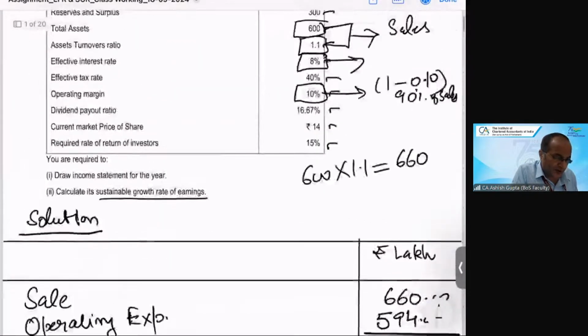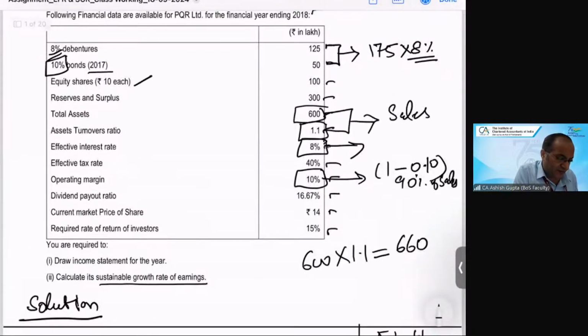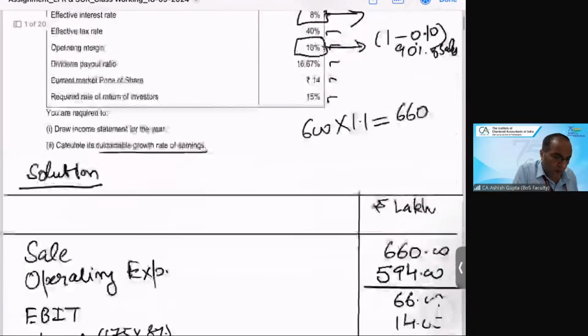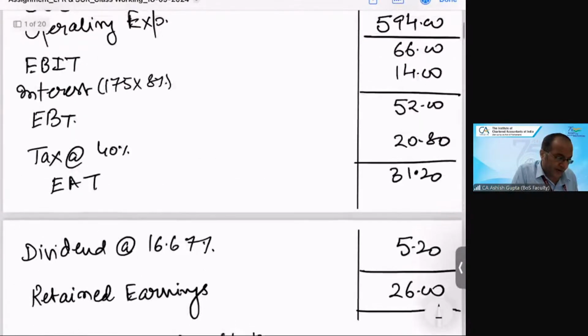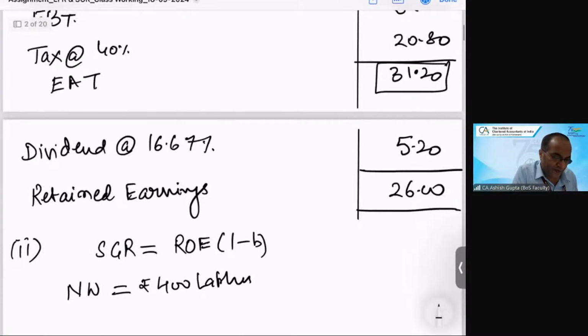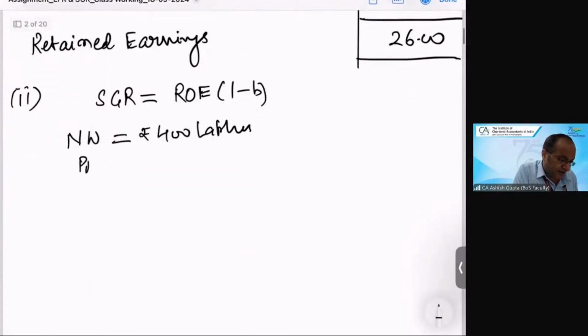My net worth is basically equity share plus reserve and surplus. So my net worth is rupees 400 lakh. Profit after tax, that is earning after tax, is 31.2 lakh.